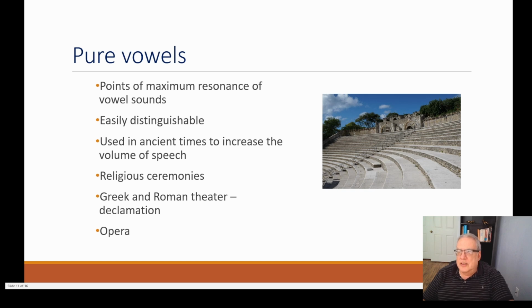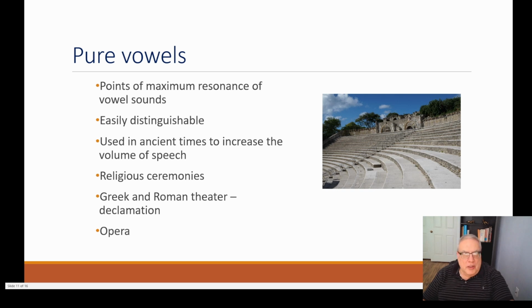In other words, these are the 5 loudest sounds you can utter as a vocalic sound. They are easily distinguishable. So A, E, I, O, and U are very easily distinguishable. They were used in ancient times to make sure the volume of speech was as loud as possible.